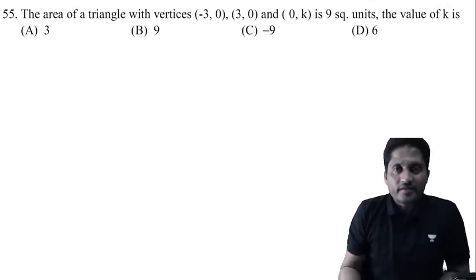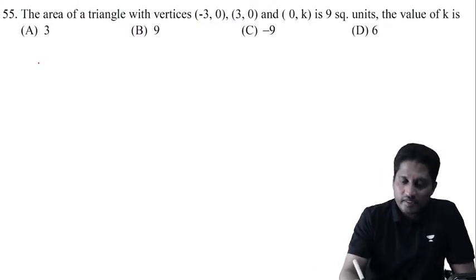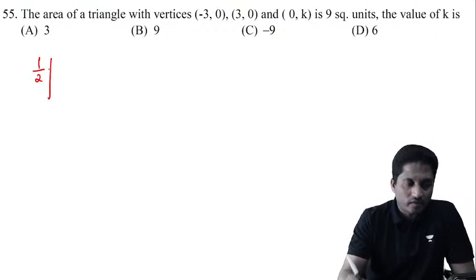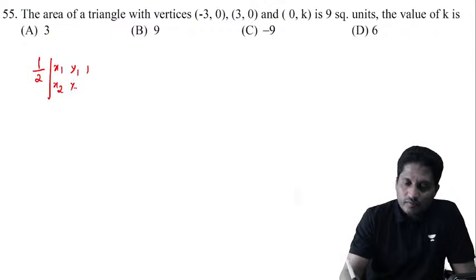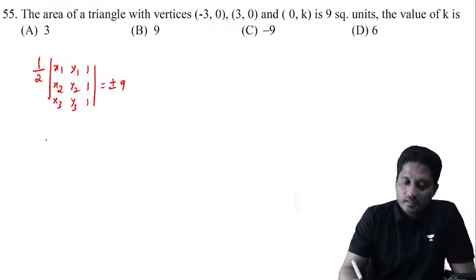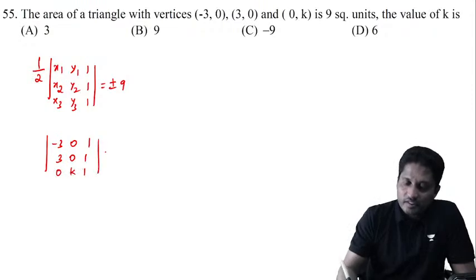Question number 55. This you have done in boards only. Area of a triangle is half of determinant of x1 y1 1, x2 y2 1, and x3 y3 1. Area of the triangle is 9 square units, that is plus minus 9. If I cross multiply, this determinant is equal to plus minus 18.